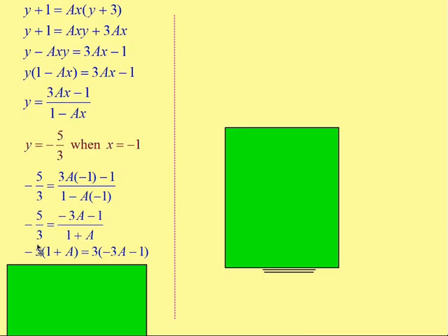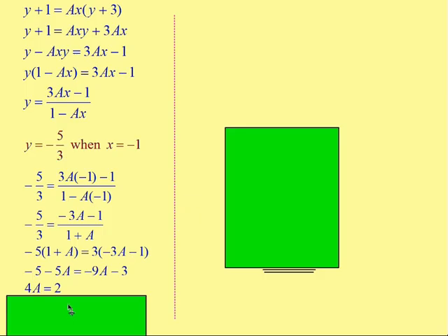We're just cross multiplying to get rid of the fractions. After that, multiply the brackets. So negative 5 take away 5a equals negative 9a take away 3. Move all the a's to one side: if you add 9a to both sides, we'd have 4a on the left, and if you add 5 to both sides, we'd have 2 on the right hand side. If 4a equals 2, then a equals 1/2.